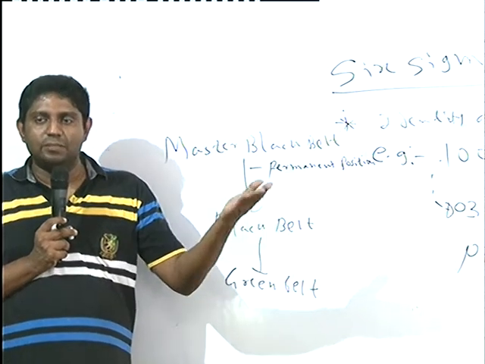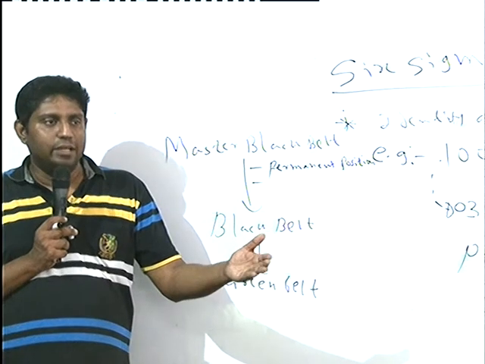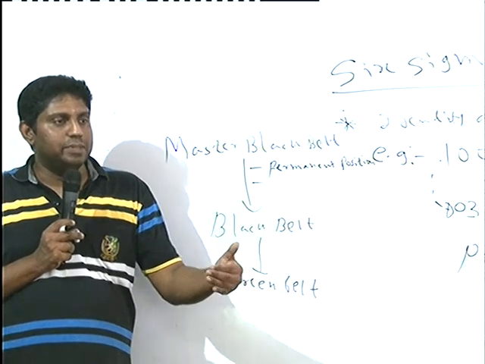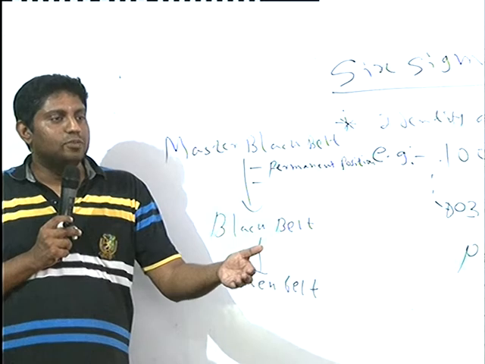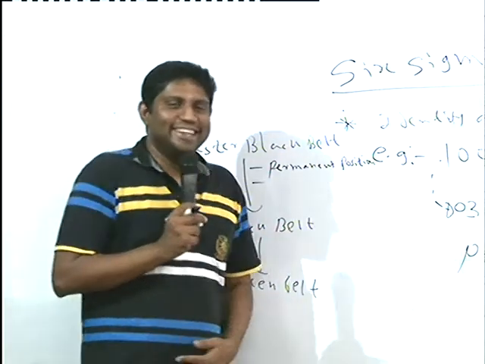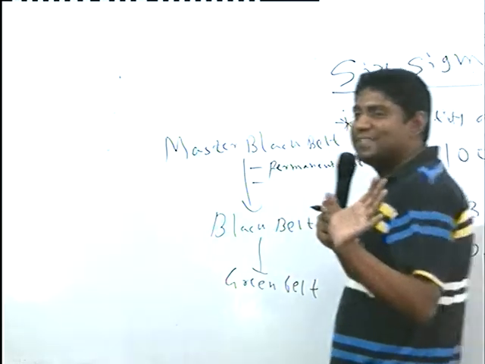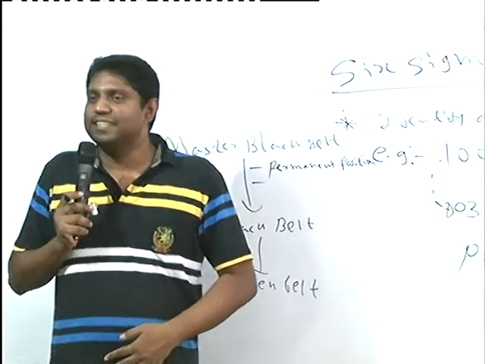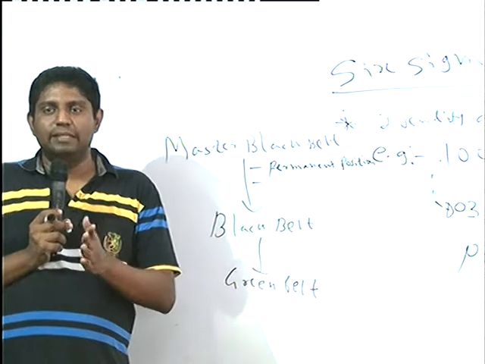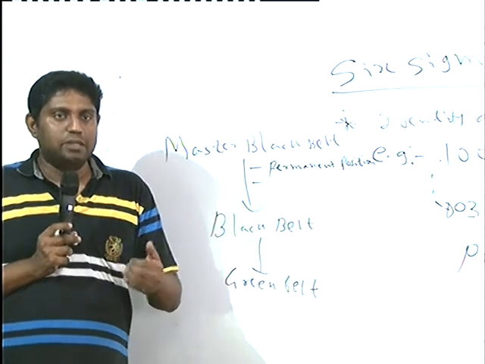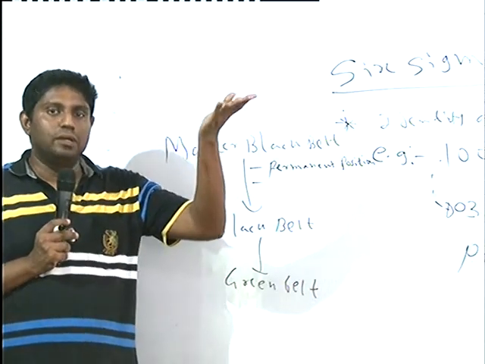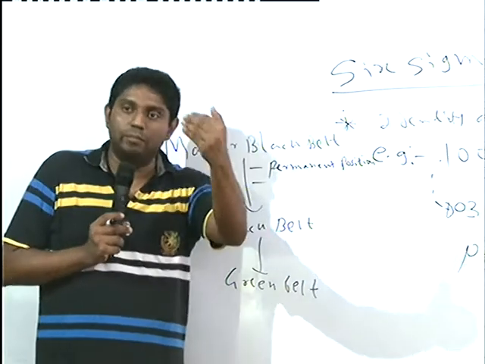We say Sangakkara is a master batsman. We say Virat Kohli is a master batsman. But we never say Kusal Mendis is a master batsman. Why do we not say so? The reason is he may have the class, he may have the talent, but to become a master, it takes a lot of time. With experience, you will become a master.